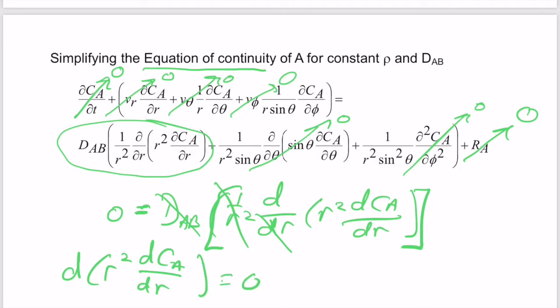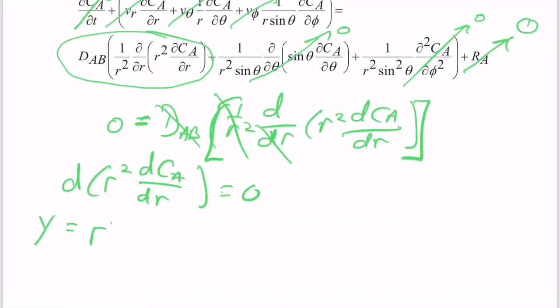This looks a little ugly until you decide, okay, let's just say y is equal to r squared dCA/dr. So this equation just becomes dy is equal to 0.